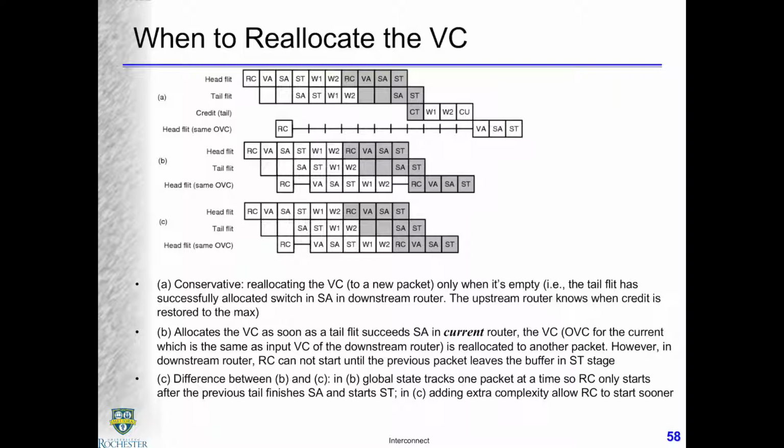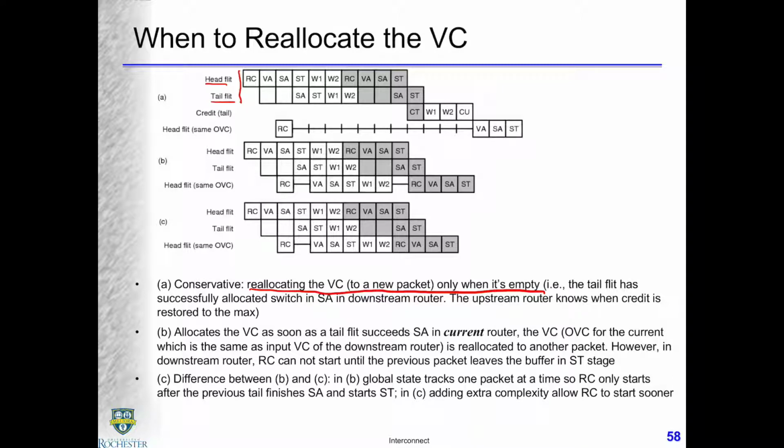Okay, and the consequence of that, just to drill on this particular problem a little bit: the conservative approach was to allocate the VC to a new packet only when it's empty. Okay, so in the example that we're showing, this is the red packet over here, the head flit and tail flit.